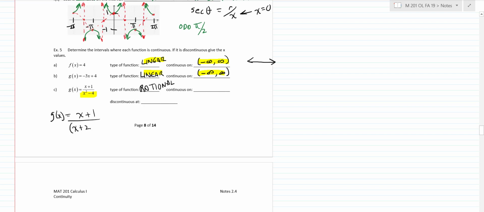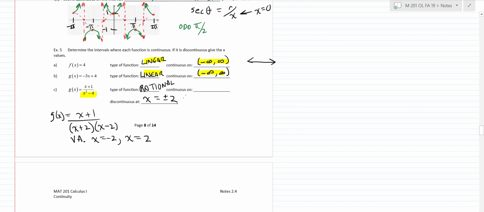The factoring for the difference of 2 squares is x plus 2 times x minus 2. No cancellation, so there are no holes. So you basically just have a vertical asymptote at x equals negative 2 and another at x equals 2. So we would say we're discontinuous at x equals, and you could even put plus or minus 2 if you want.